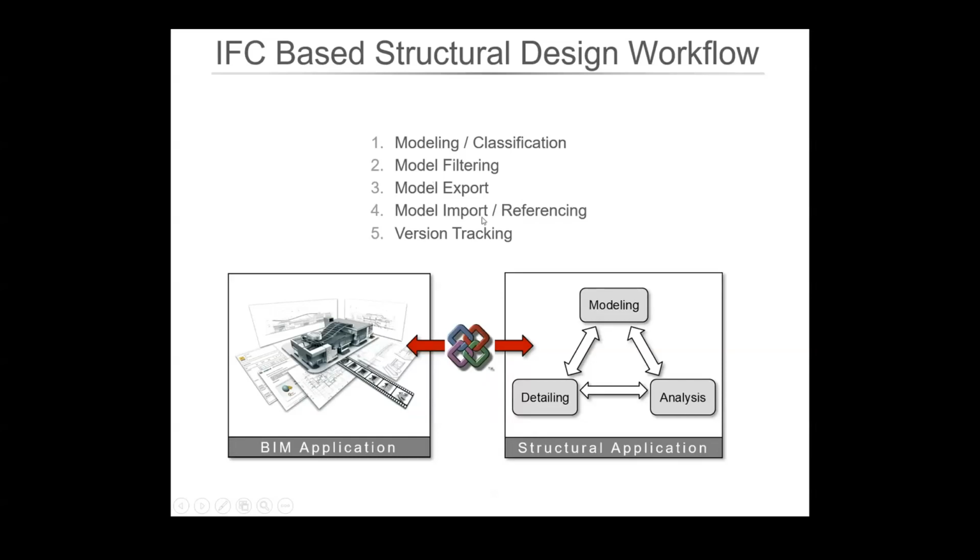So then we take our model and we can filter it out. So again, we would turn off the unnecessary stuff. So like if we're sending a model to the engineers, we would turn off all the furniture, landscaping, just unnecessary stuff. So we would send them an IFC that dealt with just the structural elements, so roof, wall, floors, beams, columns, and the load bearing or the core elements of those.